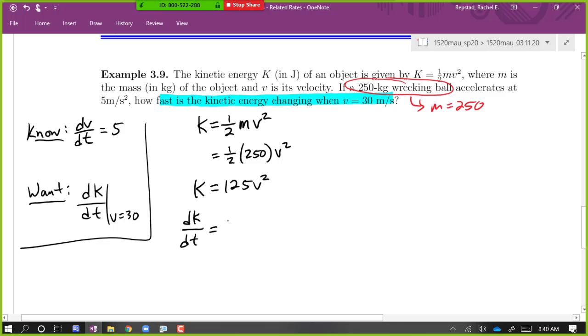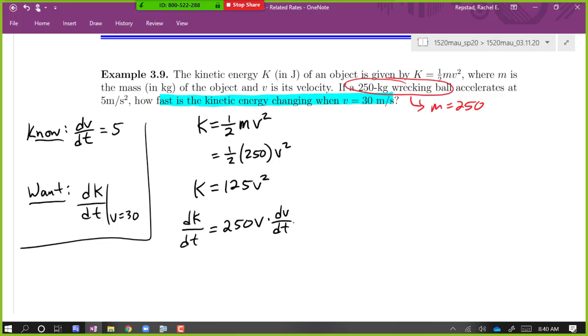Can you say that louder? 250. dv dt, I think I heard, I hope. It's a little bit quiet, so I have trouble picking up everything that you're saying.